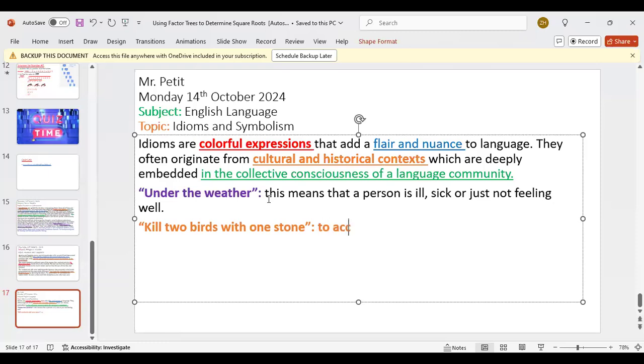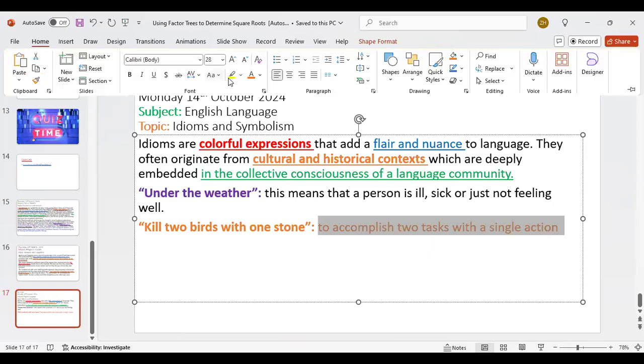So, to accomplish two tasks with a single action. It's basically multitasking. Yeah, basically.